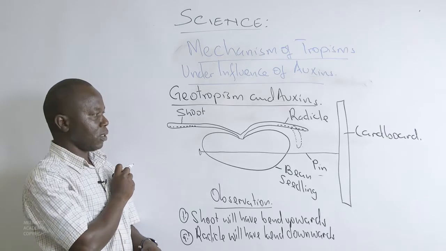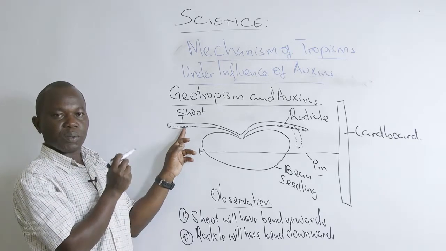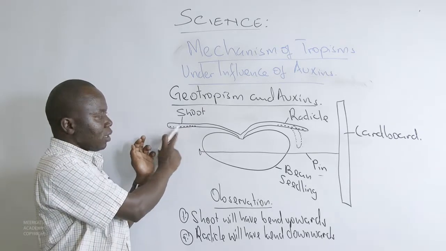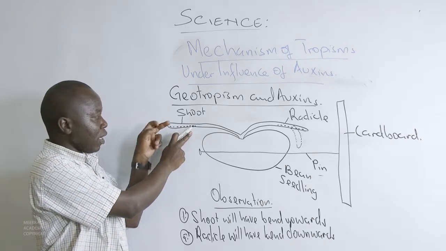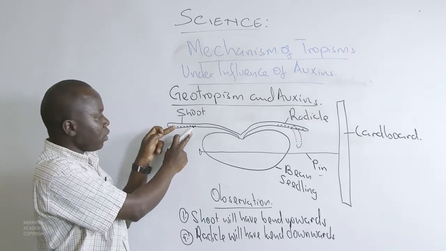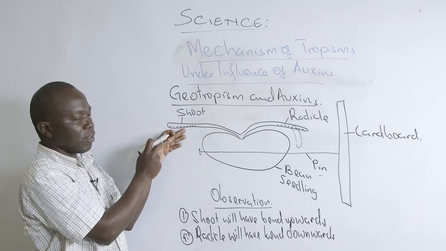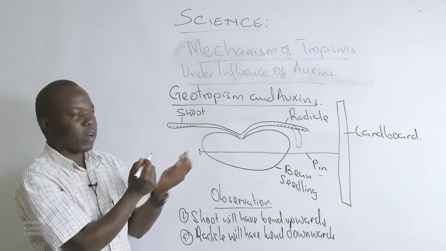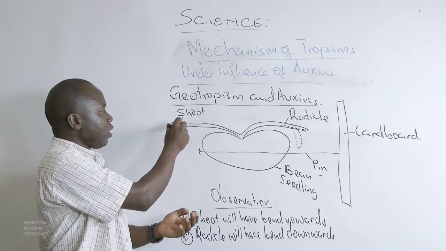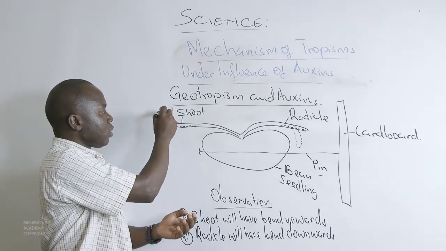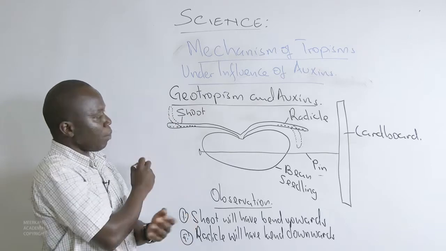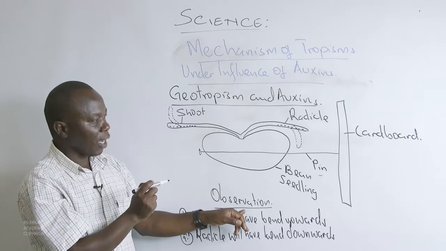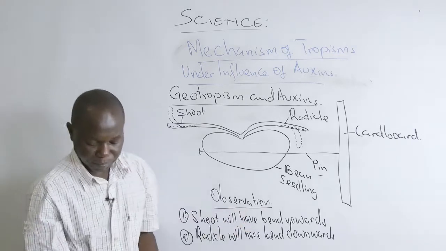But in the shoot, we have said it has a stimulatory effect. It's going to stimulate cell elongation at the lower point, so we are going to have a high rate of cell elongation at the point where we have a high concentration of auxins. The effect is that the shoot is going to grow upwards. It bends upward.